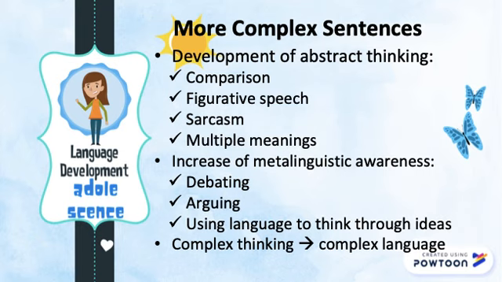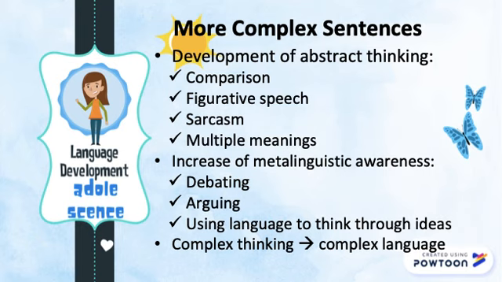On top of that, adolescence has development of abstract thinking. They can use language for comparison, figurative speech, sarcasm, and multiple meanings.